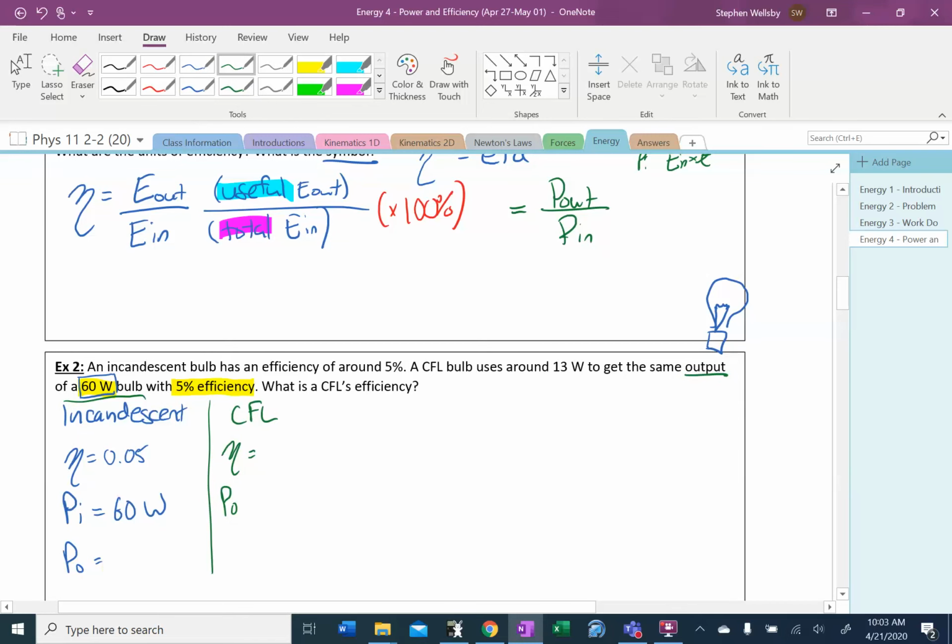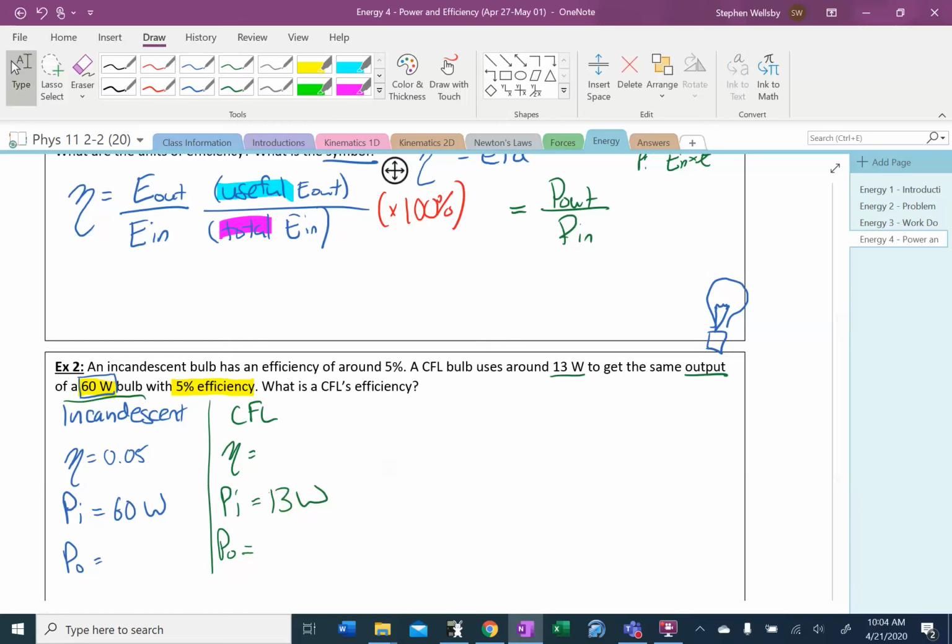So our power out is going to be the same as this power out. They're getting the same output. And then it says here it's 13 watts, so that's going to be our power input. They're only taking less than a quarter of the amount of energy that the incandescent bulb is going to use.